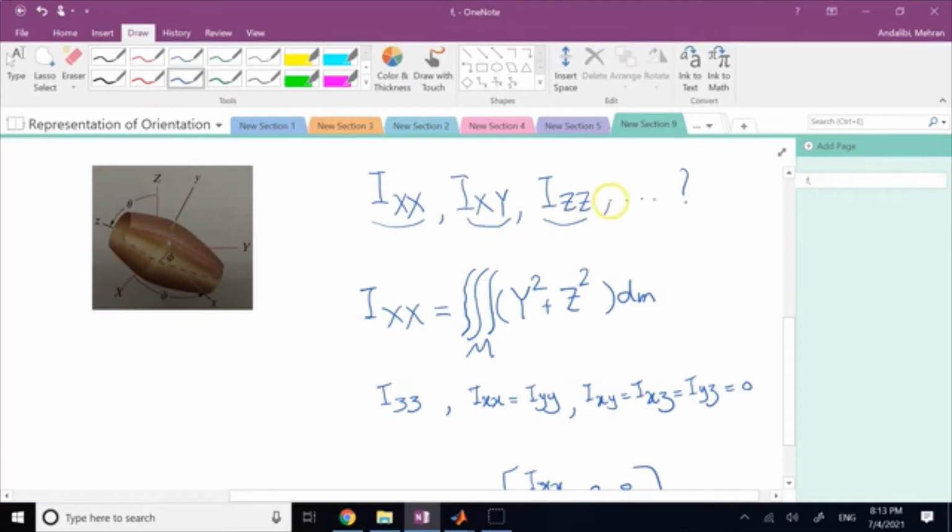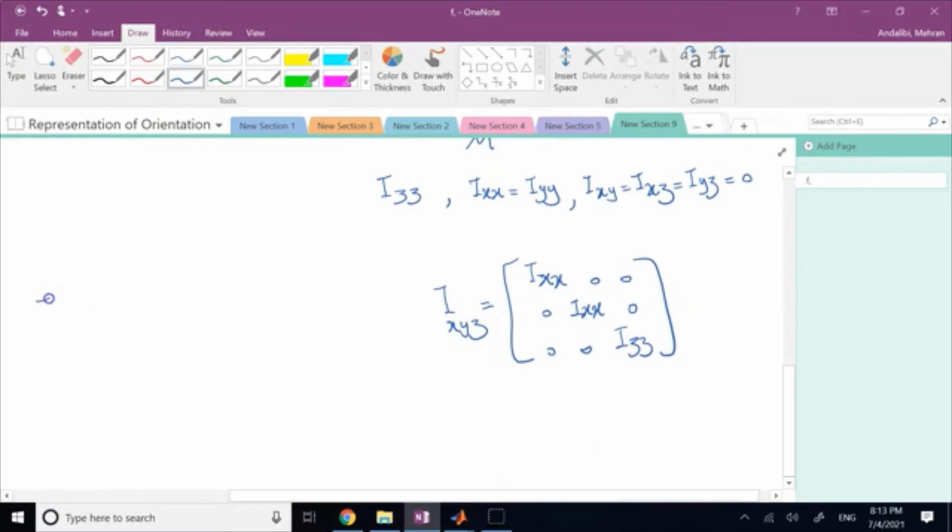Not only is your I capital XYZ going to have 9 components, they are not even going to be constant, because as the object rotates, the orientation of the object with respect to capital xyz does change.